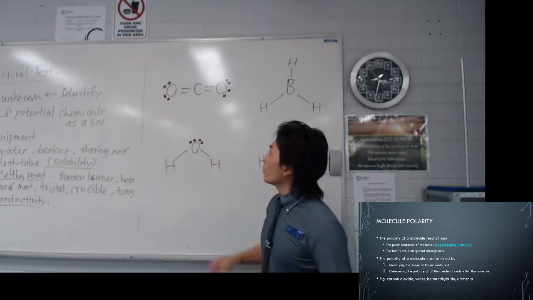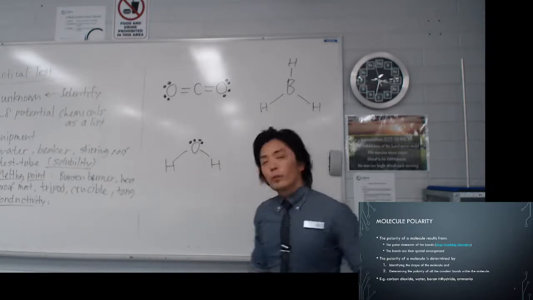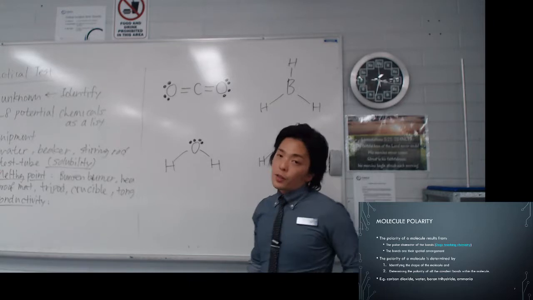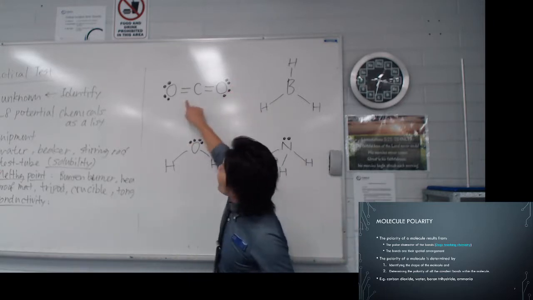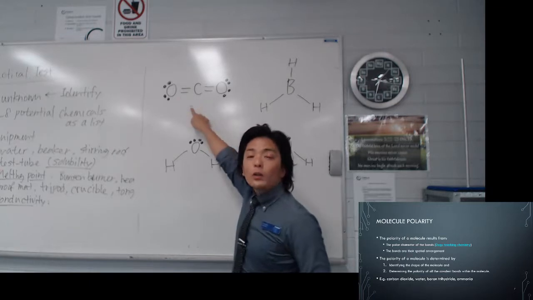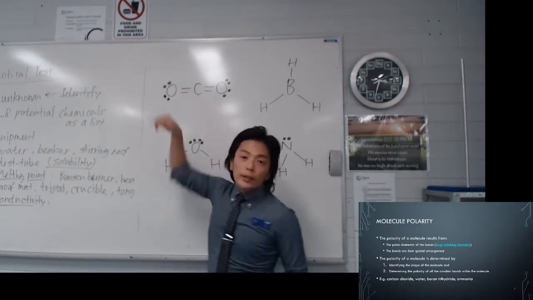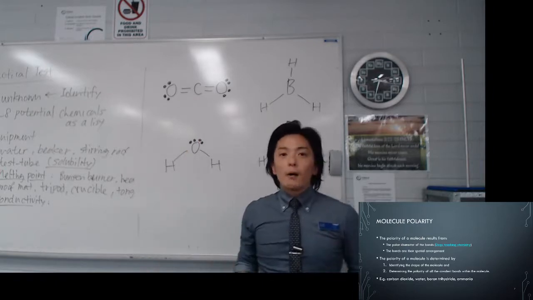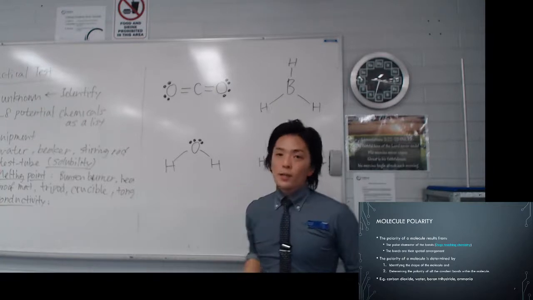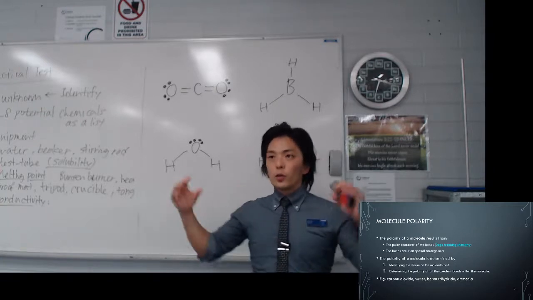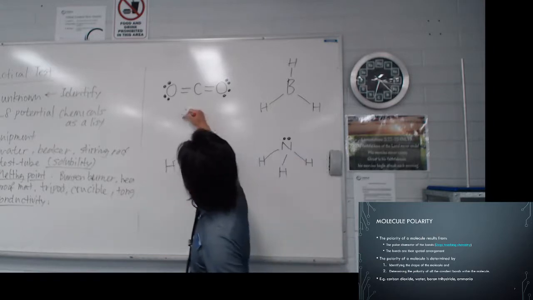CO2 looks like that, and water looks like that. Why did I draw them in this way? Because according to VSEPR theory, all the bonds repel each other. So this double bond and this double bond repel each other as far away as possible. In this case, because there are only 2 regions of electrons, they just become a linear structure. And that's the name of the shape as well, linear.